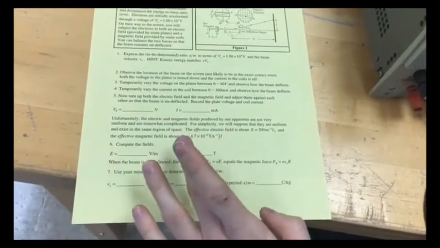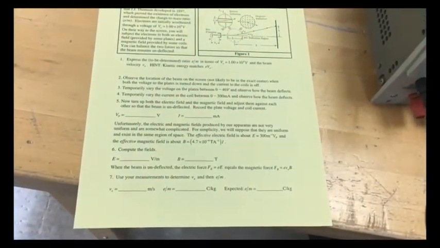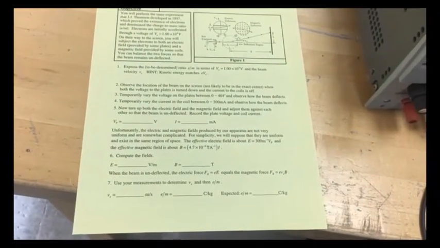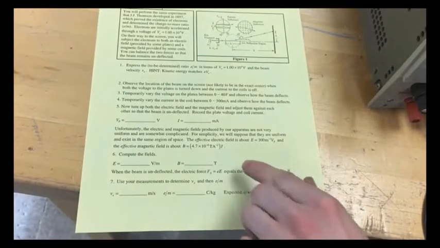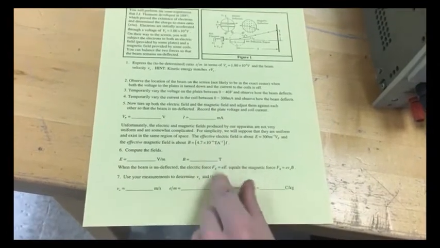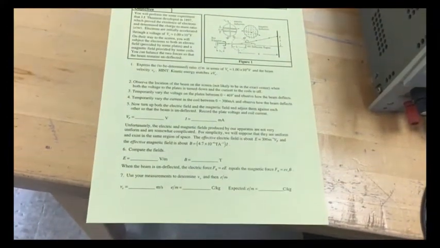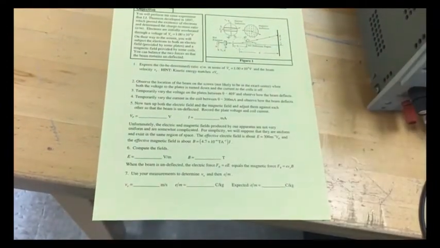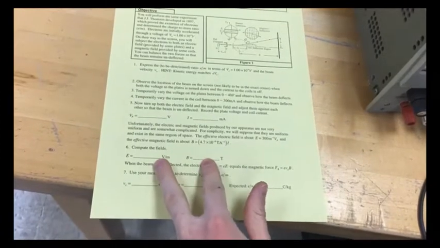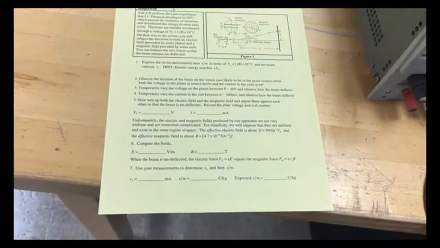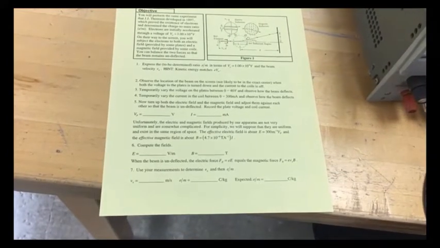Again, we're measuring voltage and current, but we want to know the E field and B field, right? So we give you some conversion factors, or effective magnetic fields, where we take this current and multiply it by this number and we get the B field. Take the voltage, multiply it by this number, and we get the electric field of the deflection. Once you have these two properties, we just recall that the forces from the two fields have to be equal because it's not deflecting, right?